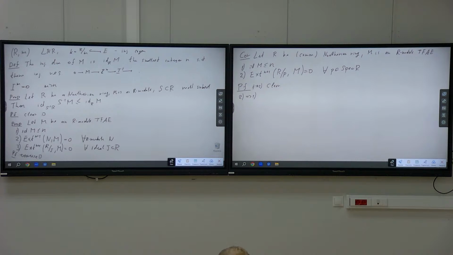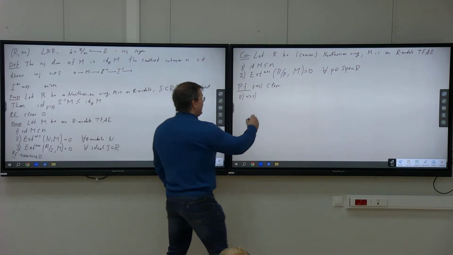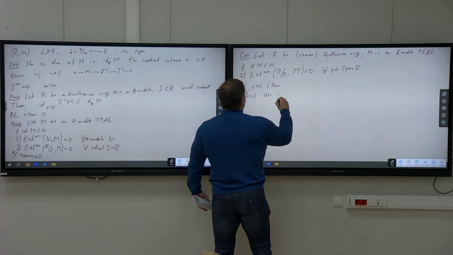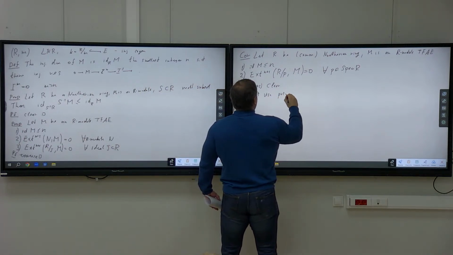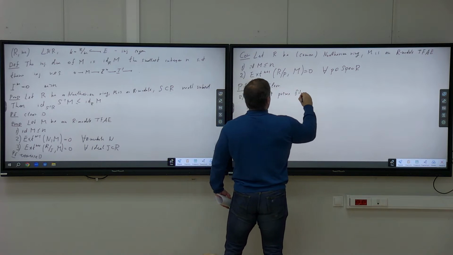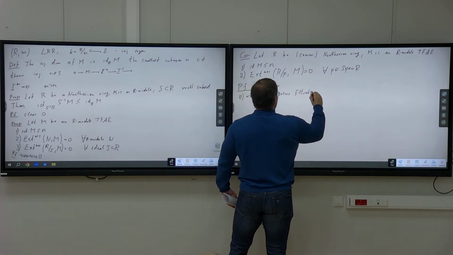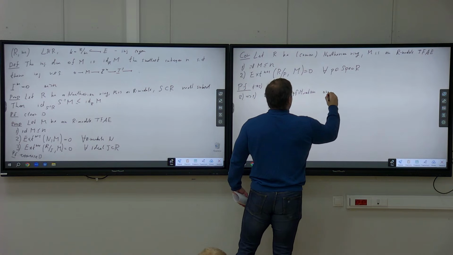But for any finite module over a Noetherian ring, there is a prime filtration. So use the prime filtration.